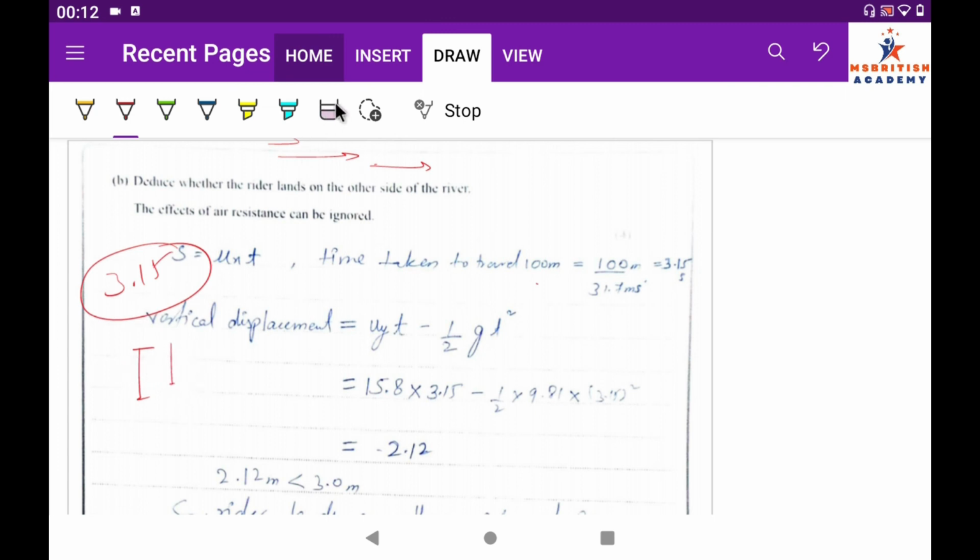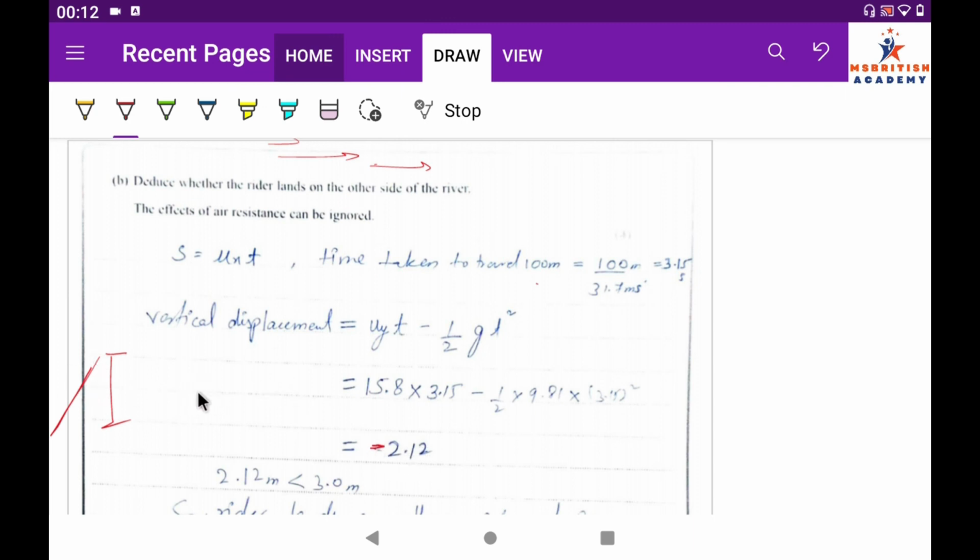The vertical displacement, because we have a 3 meter high ramp, is uyt minus half gt squared. So initial speed in the y direction is 15.8 times time 3.15 minus half times 9.81 times 3.15 squared. After calculating, we get minus 2.112.